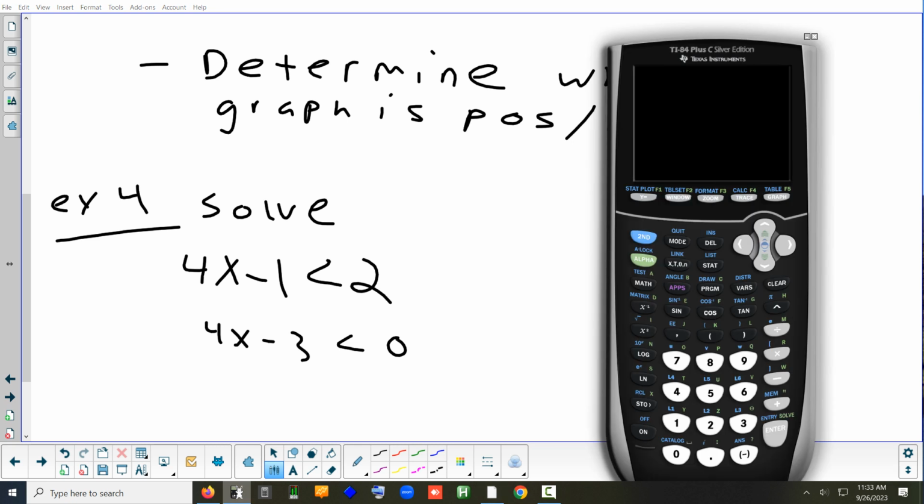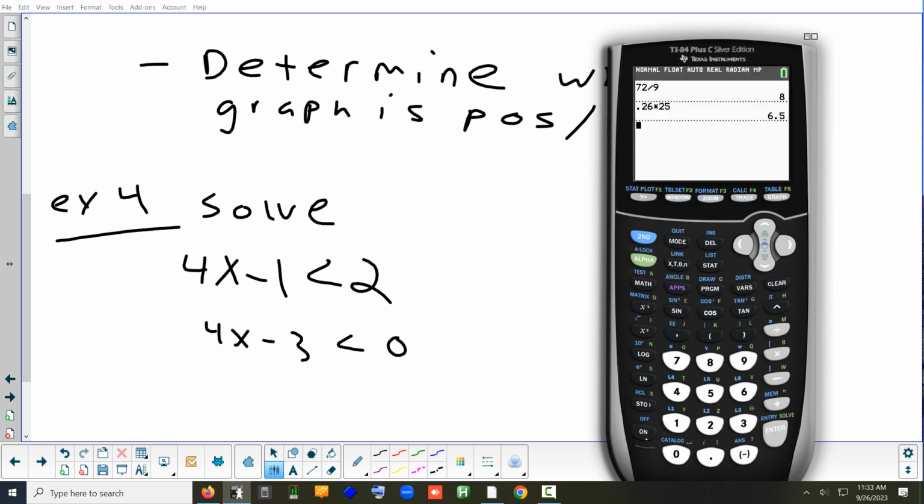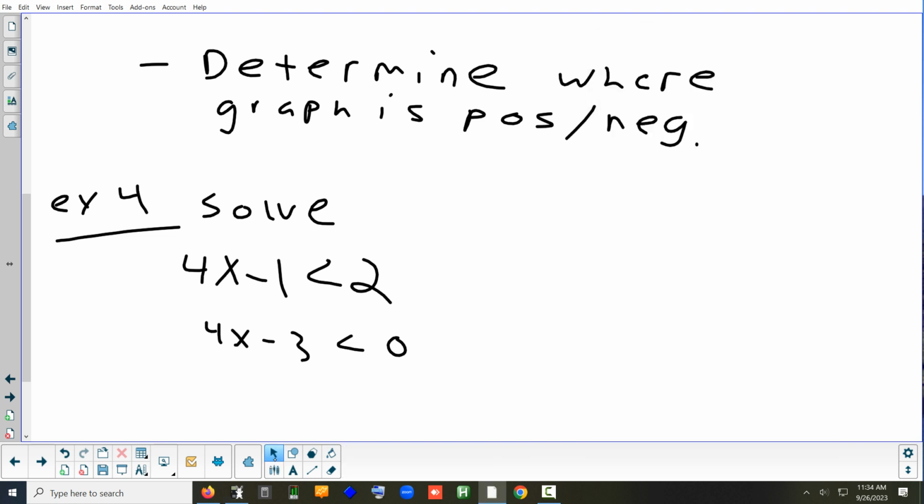So we're not going to graph the inequality symbol. We're really just graphing 4x minus 3. And what we're looking for is where this graph is below the x-axis. Where is it less than 0? Okay, so you really have 3 things here.